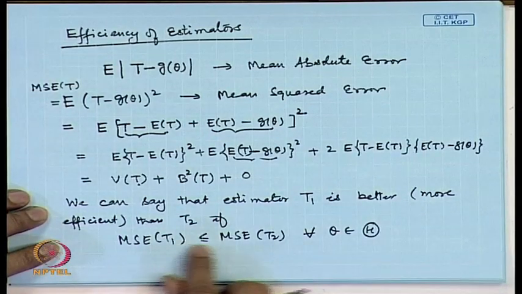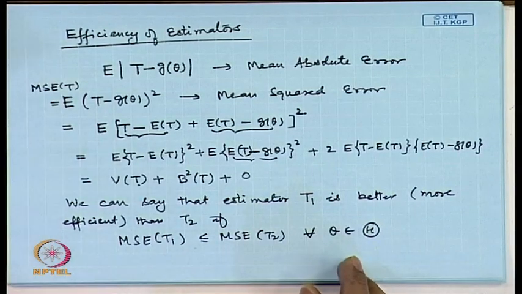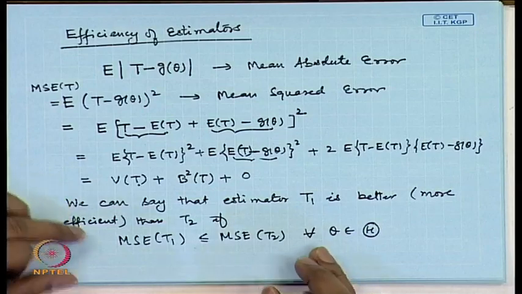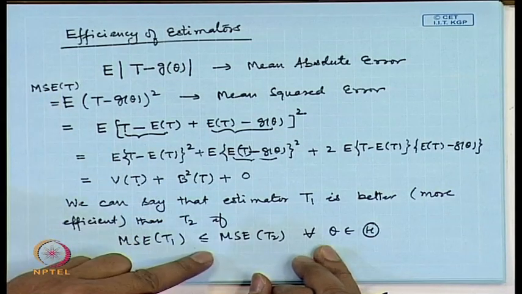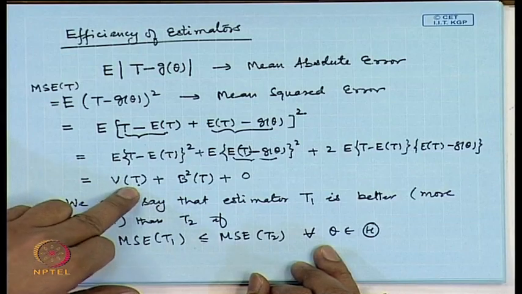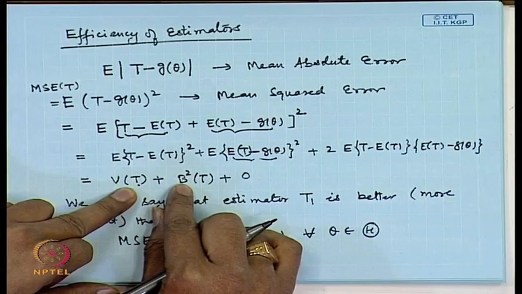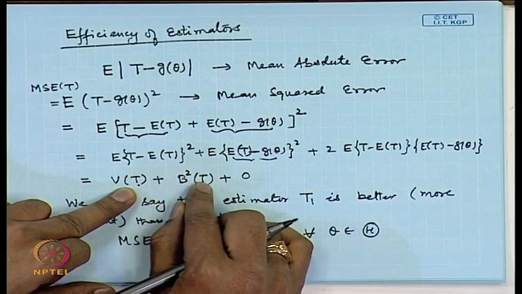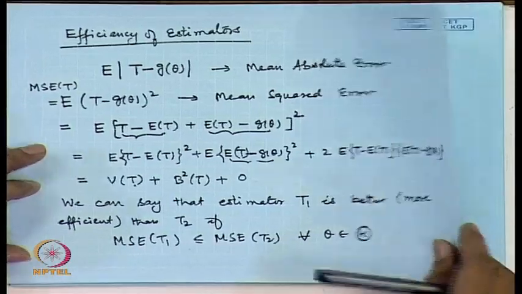So, if the two mean squared errors are equal, then they will be same. Now, in the context of unbiased estimation, this concept of mean squared error being smaller is equivalent to variance being smaller. For example, if the estimator T is unbiased, then bias will be 0 and this mean squared error will be equal to the variance.